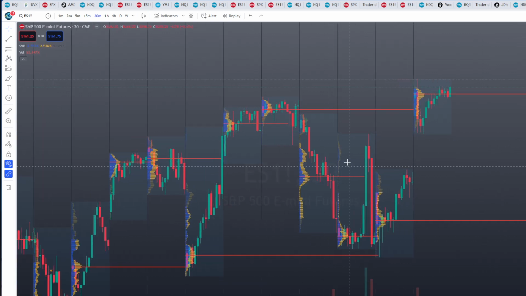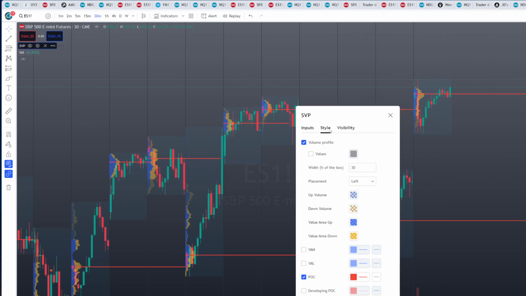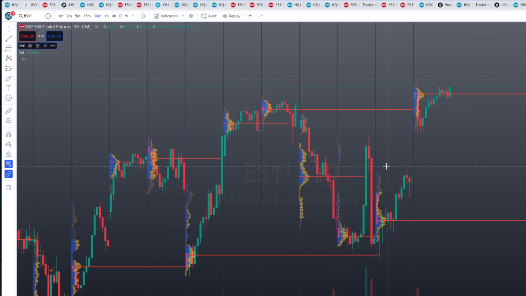If you don't want to see that shadow, you can get rid of it by going to where it says histogram and changing the opacity to 0, and there you have it. This is a 2 tick incremental aggregation of the volume profile.